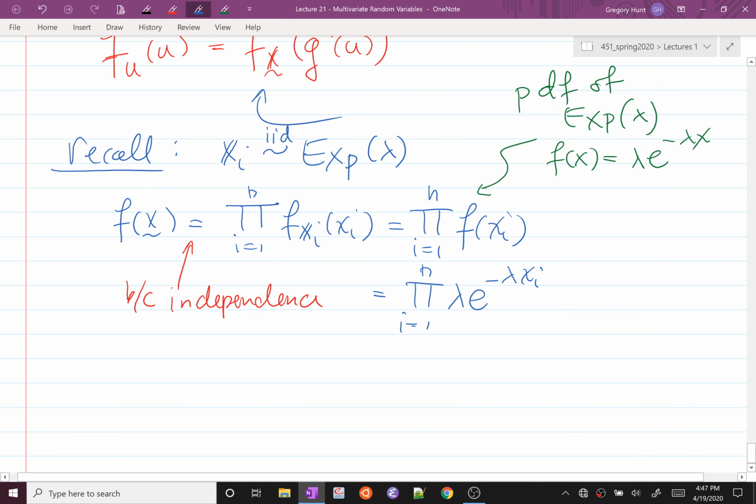And we can actually simplify this. We can at least pull out a lambda to the n, and then this is the product from 1 to n of e to the negative lambda x sub i.